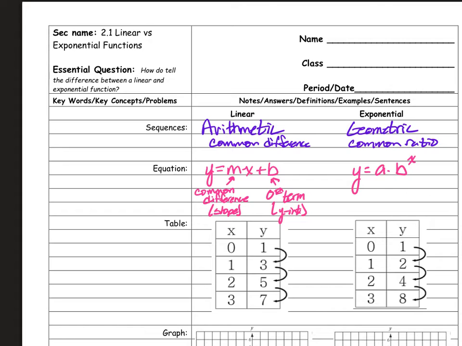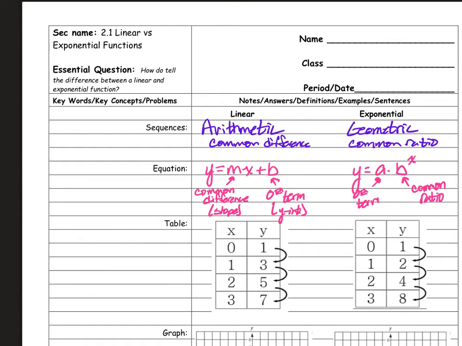Remember that x is an exponent, exponential, the words go together there. And then what does a stand for? A is our 0th term. Good. And b is my common ratio. Okay, so that's what the equations look like.